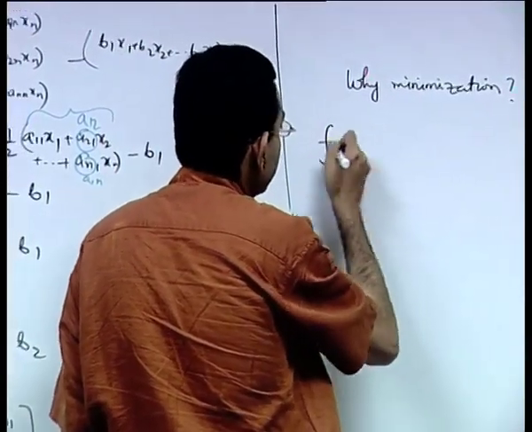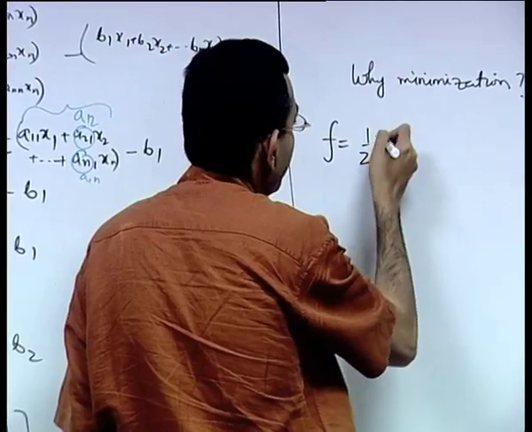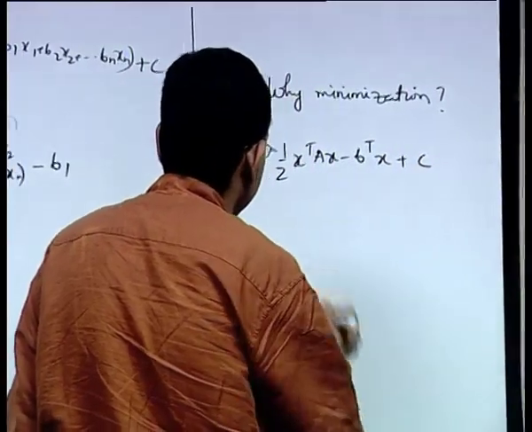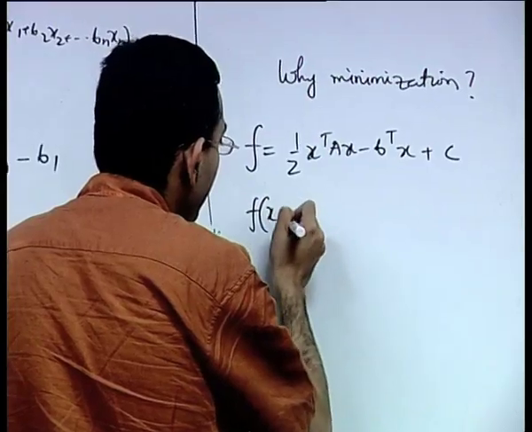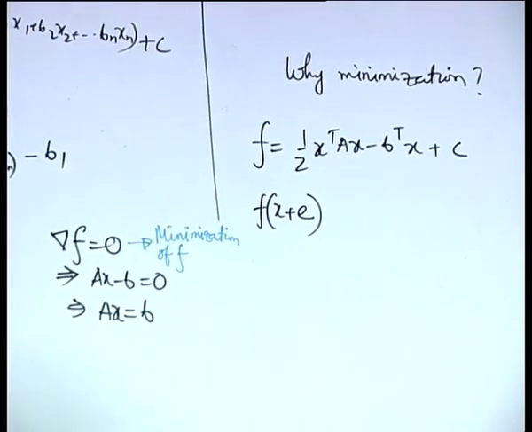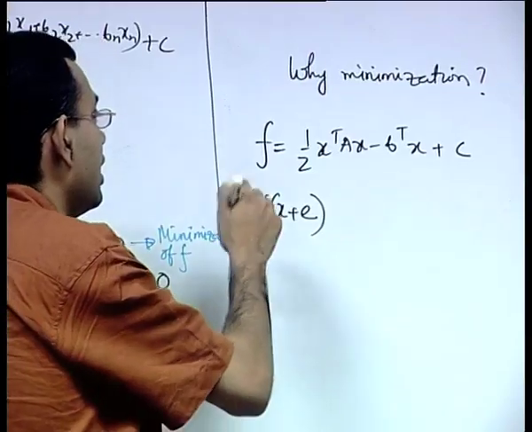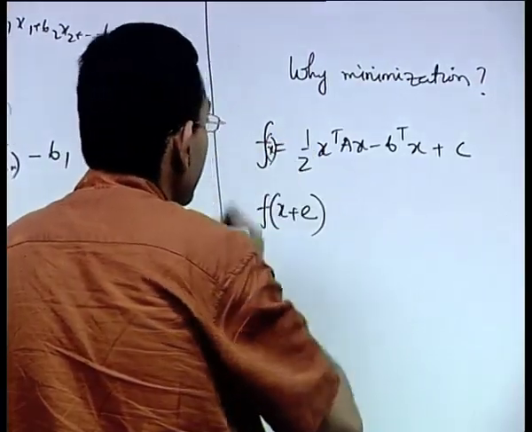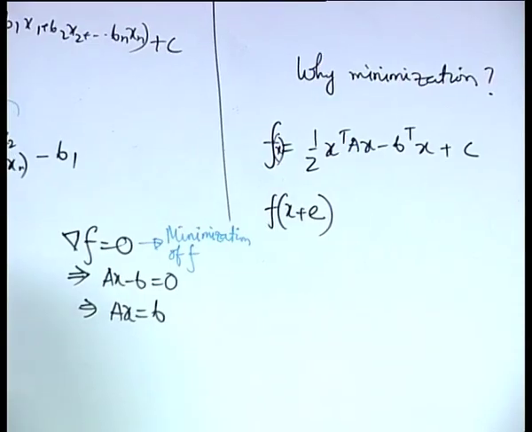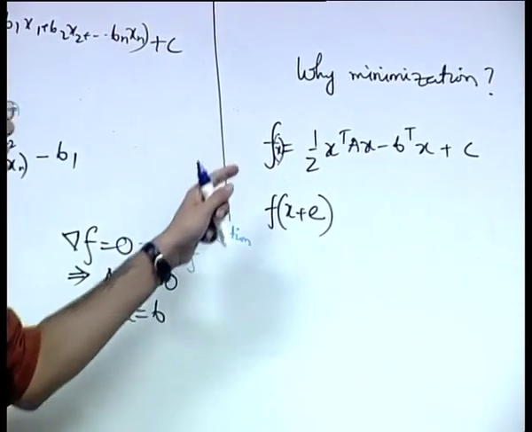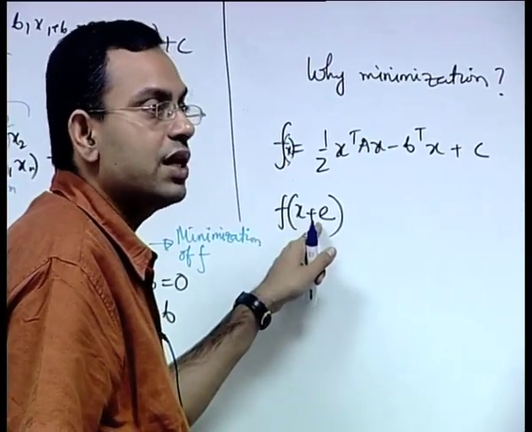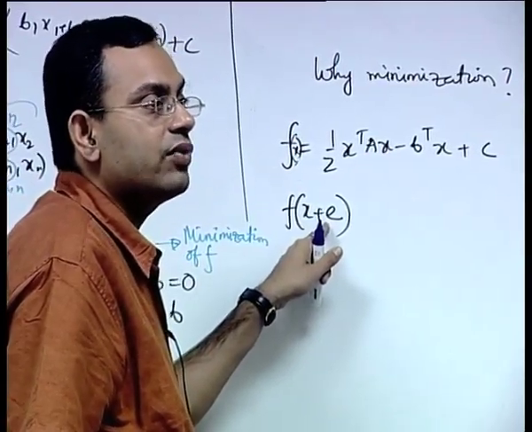So, for that let us again write what is f: half of x transpose Ax minus B transpose x plus C. Let us consider a vector E and find out what is f of x plus E. If we can show that f of x is the minimum of all possible arguments corresponding to this one, that is f of x is less than f of x plus E for all E, that means that f of x is a minimum.